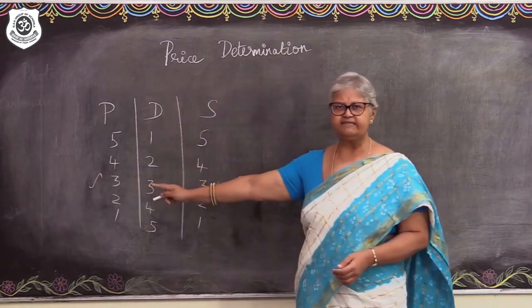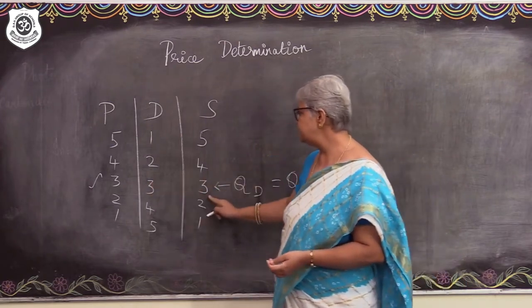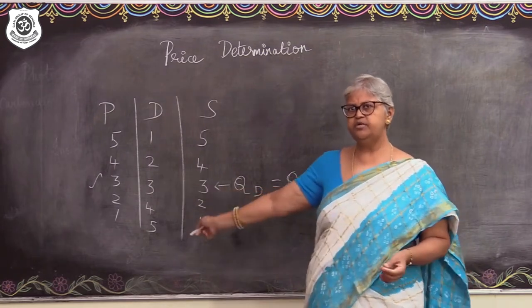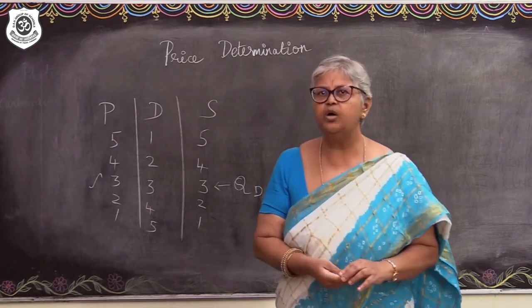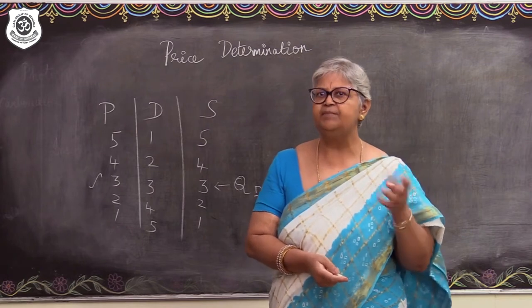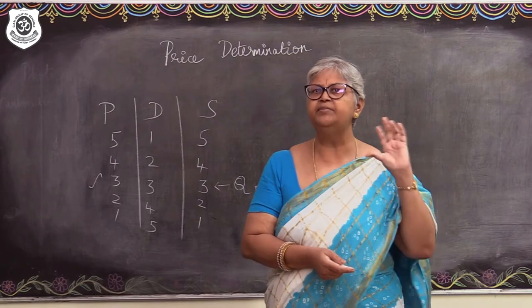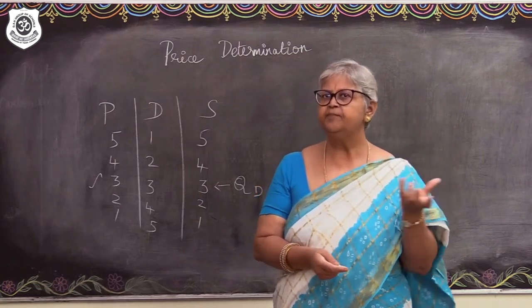When the price is 3 in the market, the quantity demanded is equal to the quantity supplied, or the producers and the consumers come onto a common consensus to demand and supply at a specific price, and that is the equilibrium price. So what is the equilibrium price in the market?